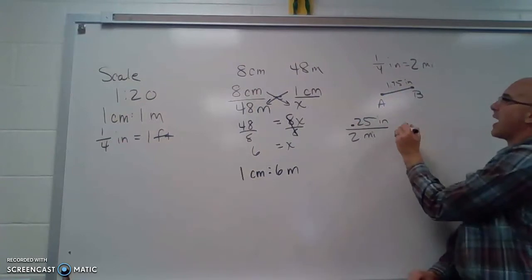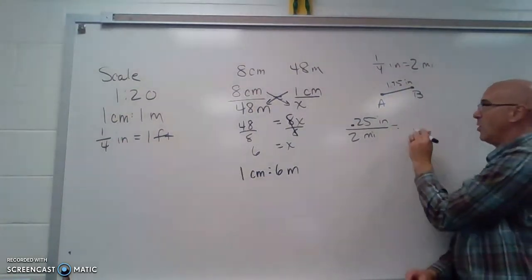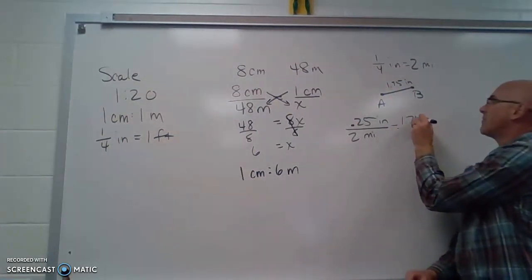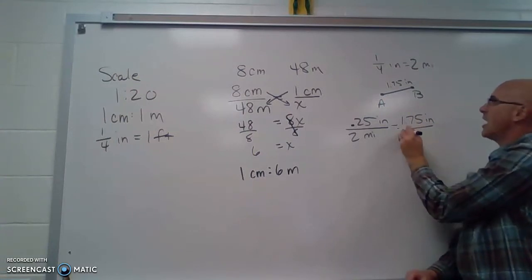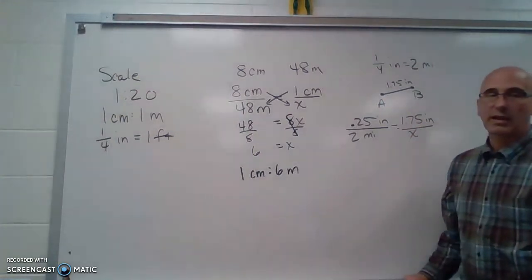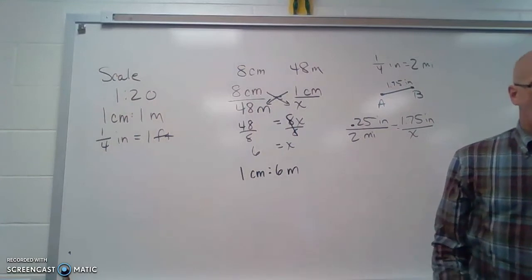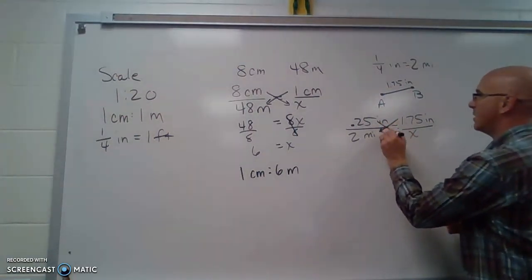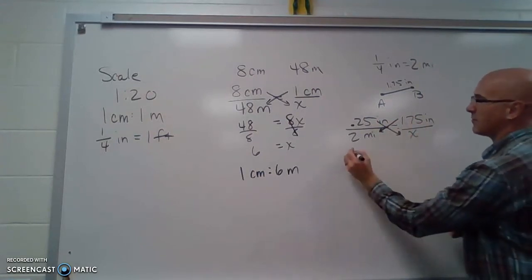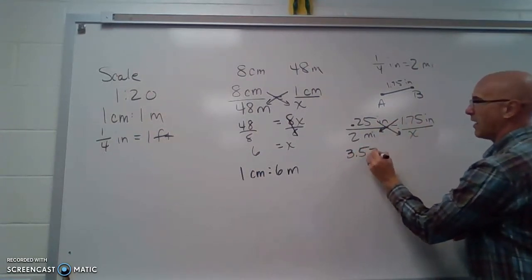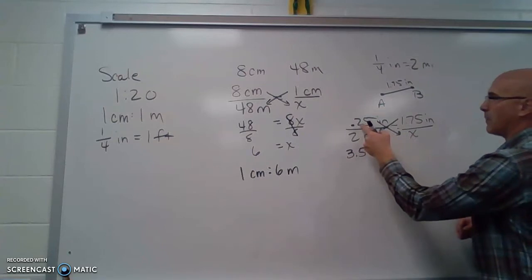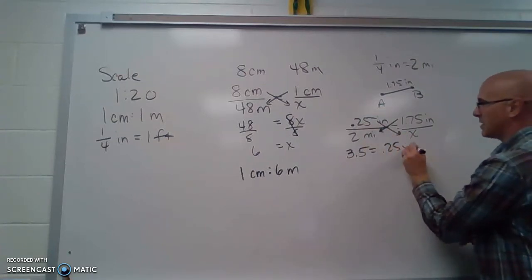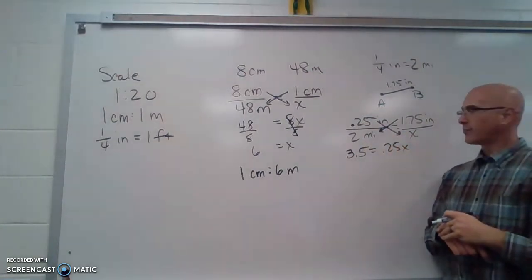Then I have what I actually measured, 1.75 inches. And I want to find out how many miles. So what I'm going to do is cross multiply. 2 times 1.75 is 3.5. And then I multiply 0.25 times x.